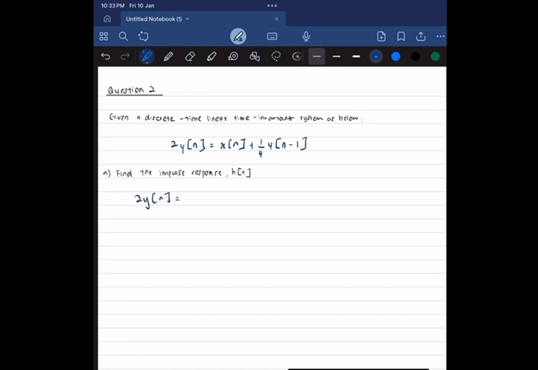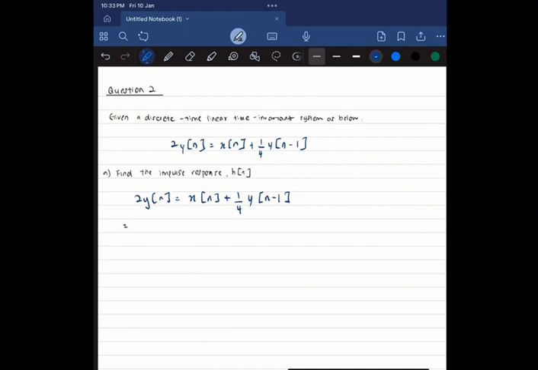So we rewrite the equation 2yn equals xn plus 1 over 4 yn minus 1. What we need to do is rewrite the system equation in standard form.